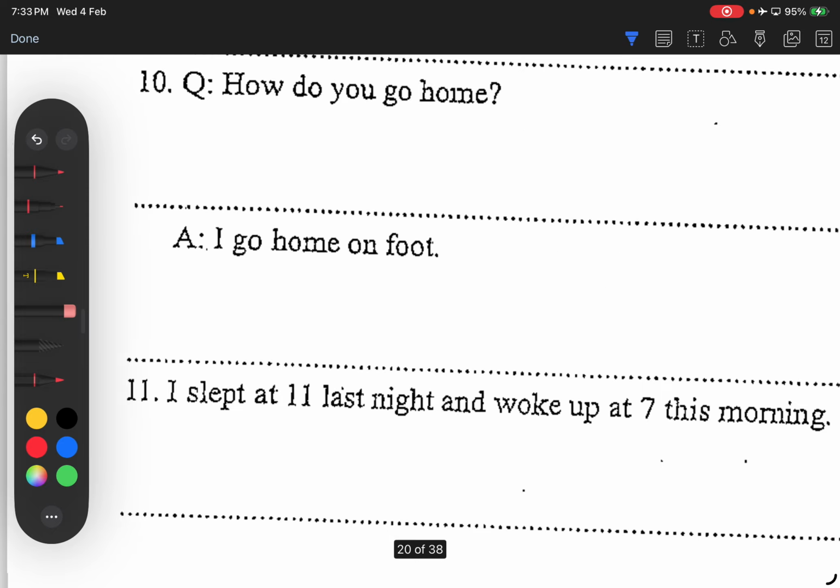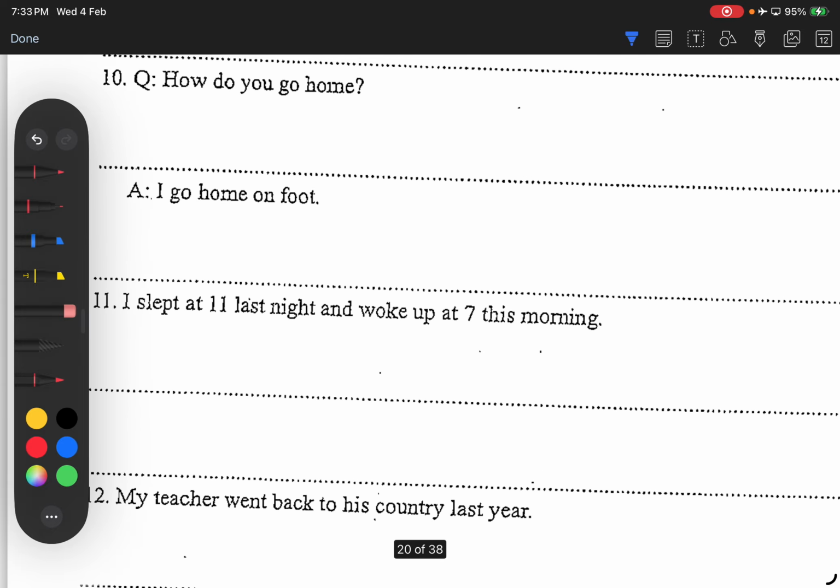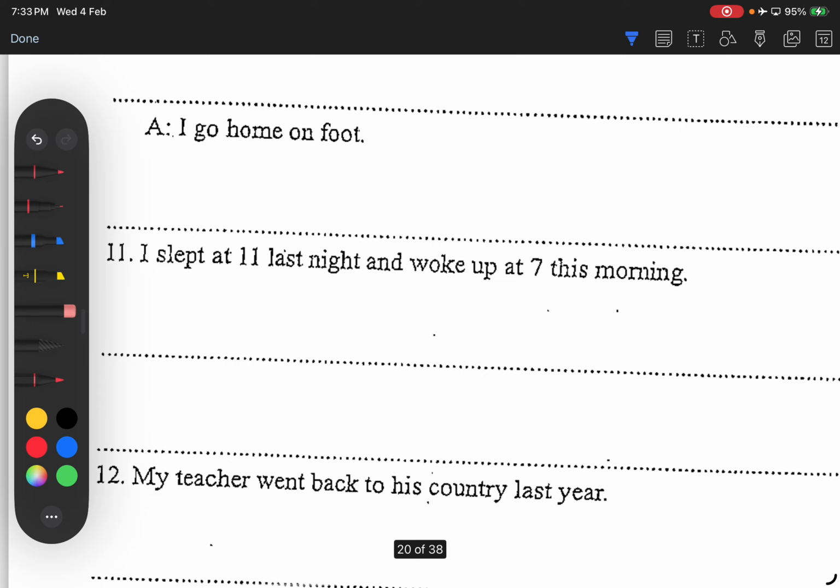Number 11. I slept at 11 last night and woke up at 7 this morning. 私は11時に寝ました. You want to stop there? You're missing something. Last night, 昨日. After the subject, then we talk about the time.